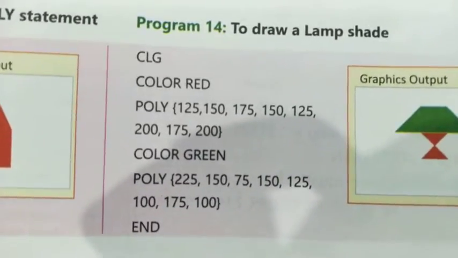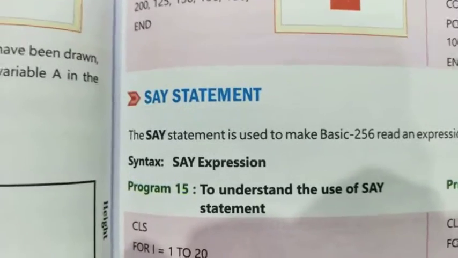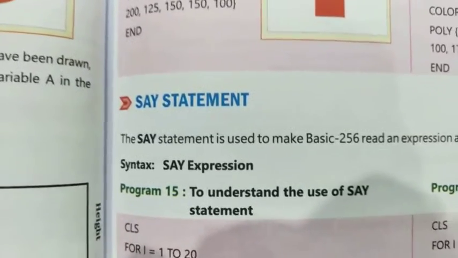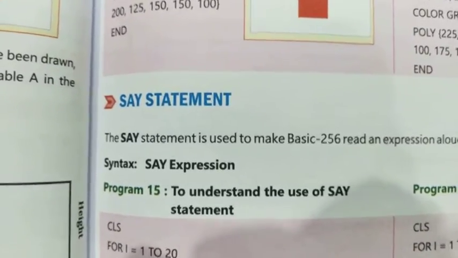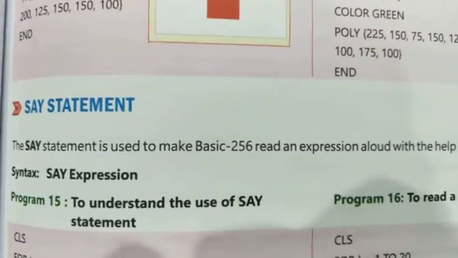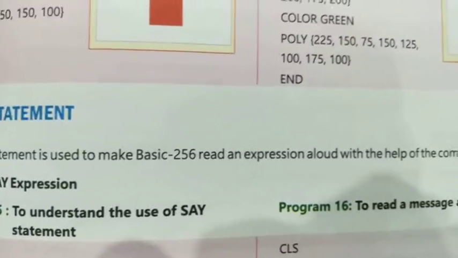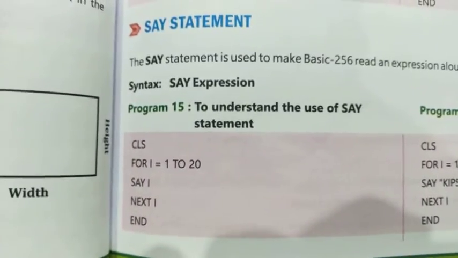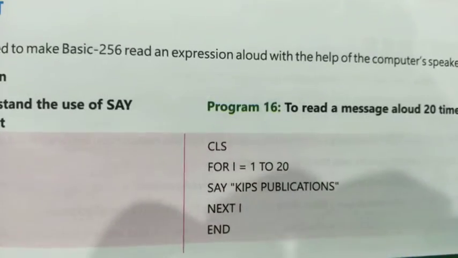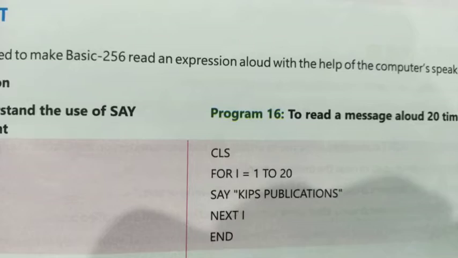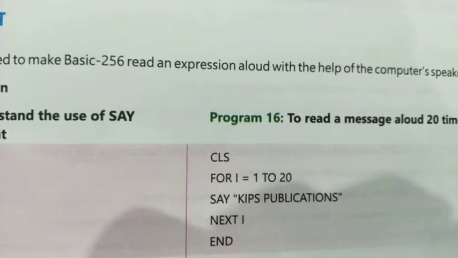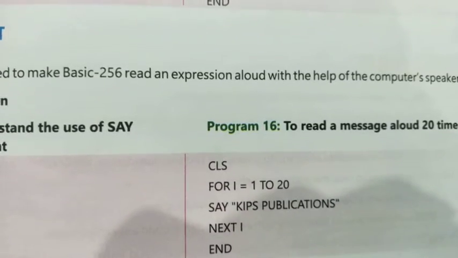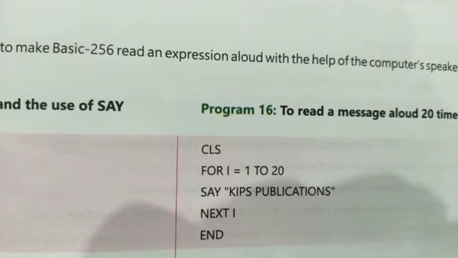See. Now the next is the SAY statement. The SAY statement is used to make BASIC read an expression aloud with the help of the computer. That means what you are writing here, the computer will say.